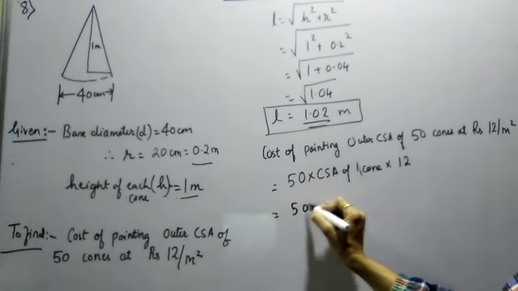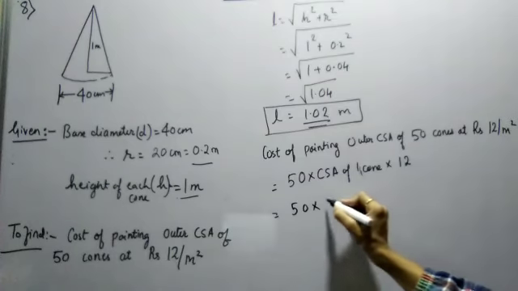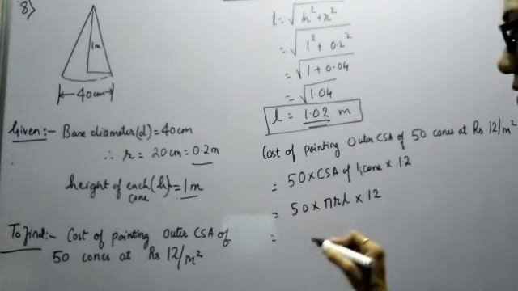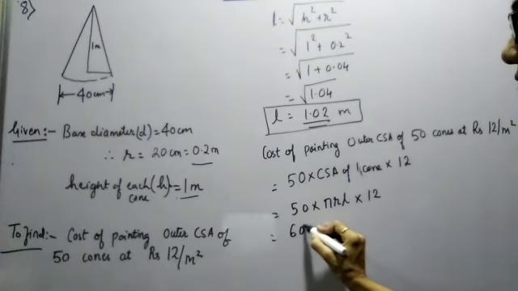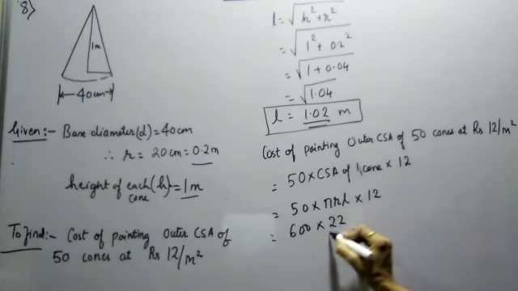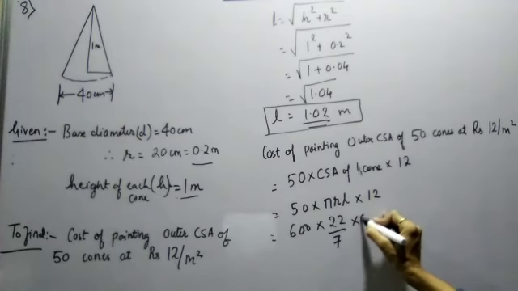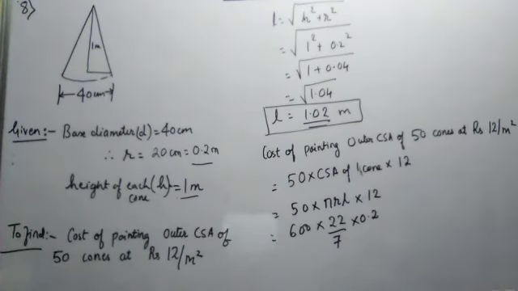So 50 into, what is the CSA of 1 cone? Pi r l into 12. This two multiplication will give you 600.